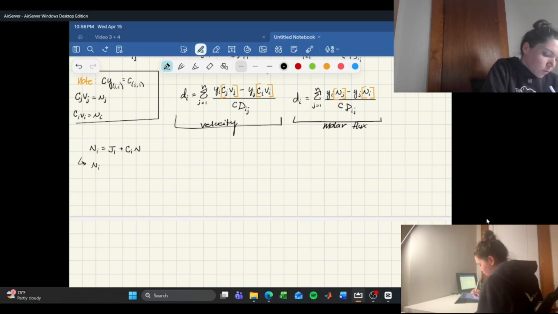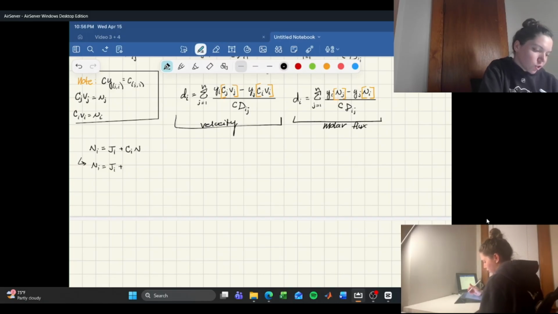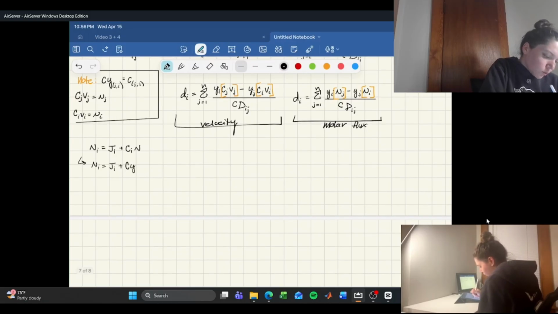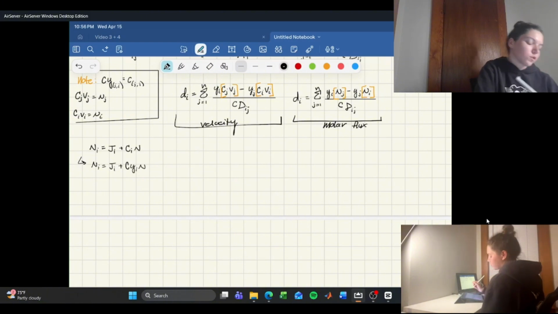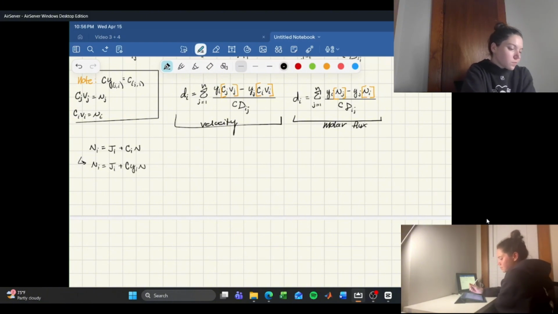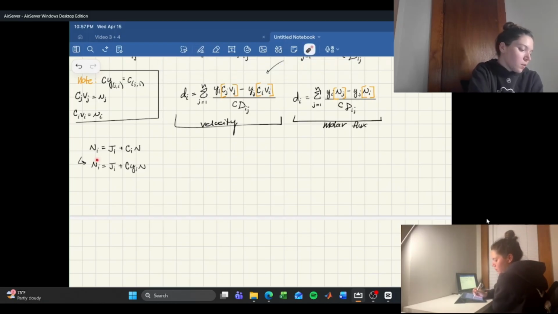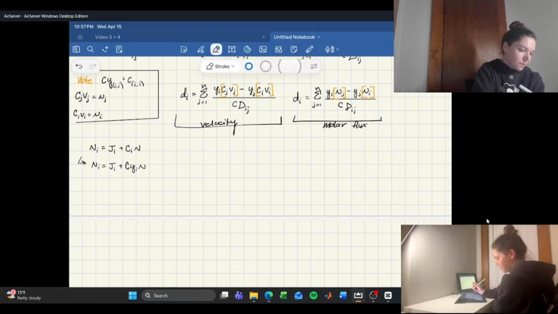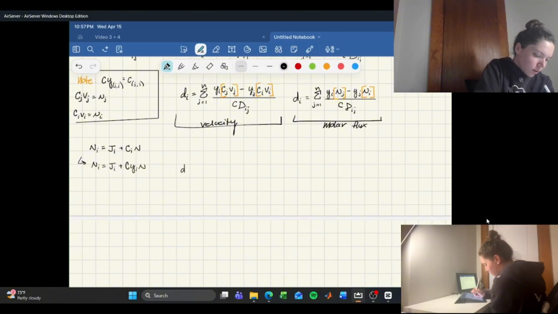So we have the molar flux of I is equal to the diffusion flux of I, plus we said that the concentration of I is equal to the overall concentration times the mole fraction of I times the overall molar flux. So now, knowing this, we have molar flux of I, and we're going to do the same thing for J. We can plug that in here to our molar flux Stefan-Maxwell equation. So let's do that. We have, again, driving force is equal to the summation.